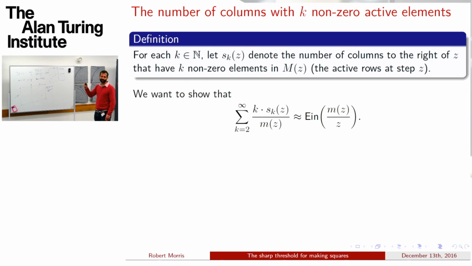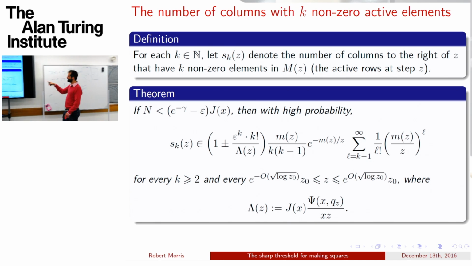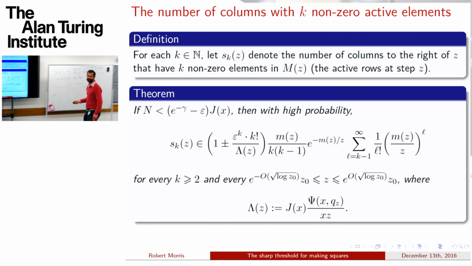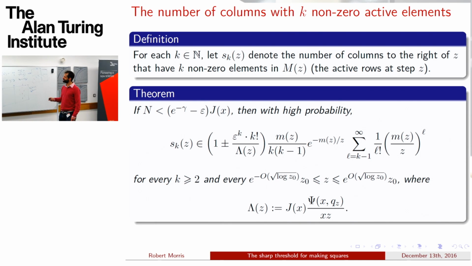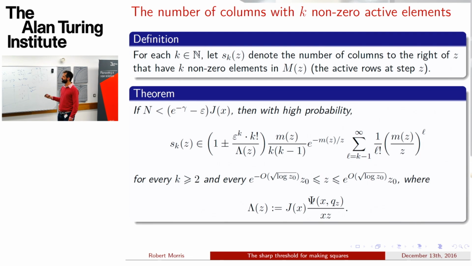That's not quite true, but it's some function of that constant. So if we can show that these SKs follow this nice family of functions, then we can control the average degree, and then we can hope to prove the bound on the m of z number of rows follows the right function.